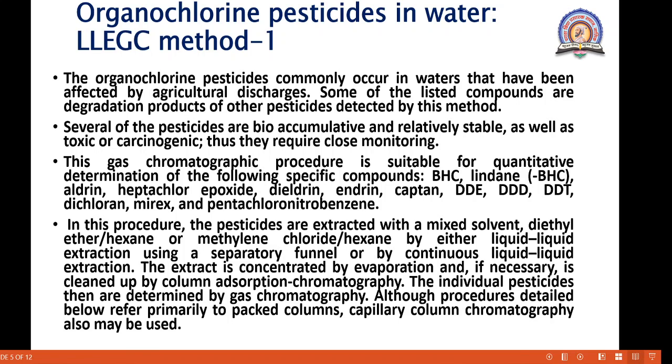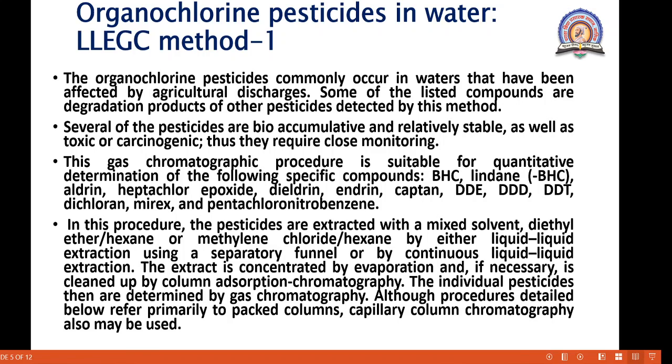In this procedure the pesticides are extracted with a mixed solvent, diethyl ether or hexane, or methylene chloride or hexane, by either liquid-liquid extraction using a separatory funnel or by continuous liquid-liquid extraction. The extract is concentrated by evaporation and, if necessary, is cleaned up by column adsorption chromatography.